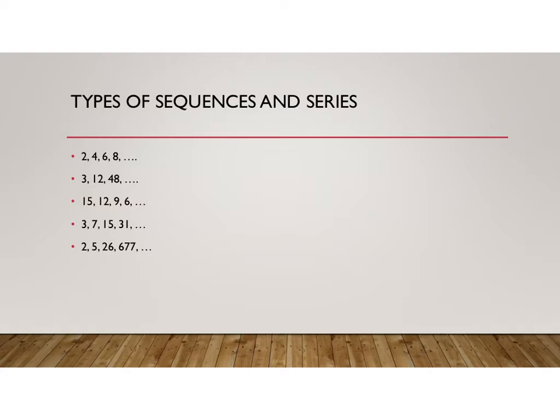These are the same sequences that we dealt with last time, but just to review these, this first one is starting with 2 and it's going up by 2, and we keep adding 2, so this would be considered an arithmetic sequence. And if you remember, we could find a formula for this.